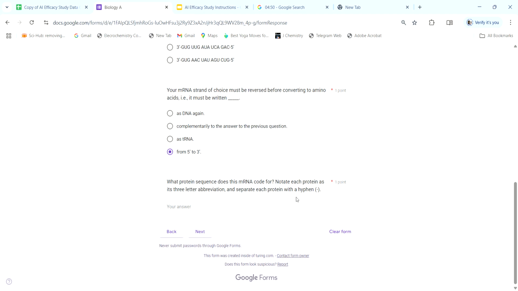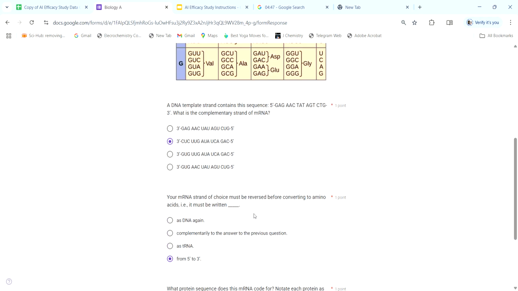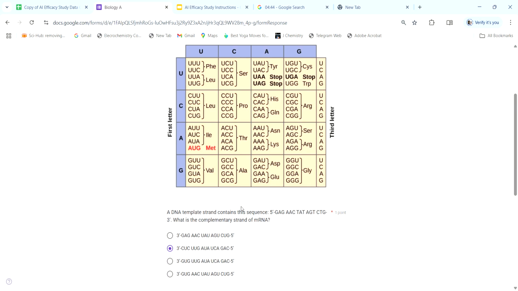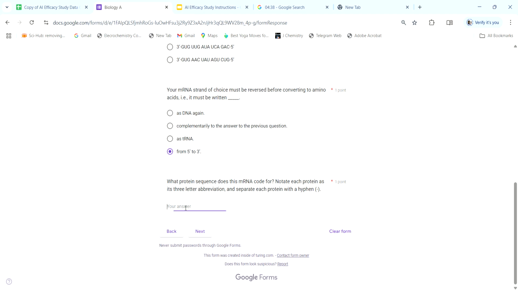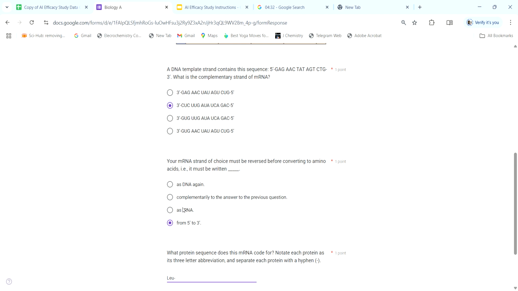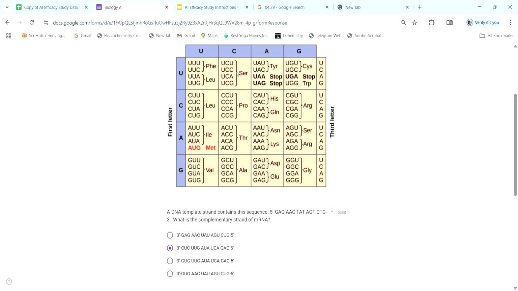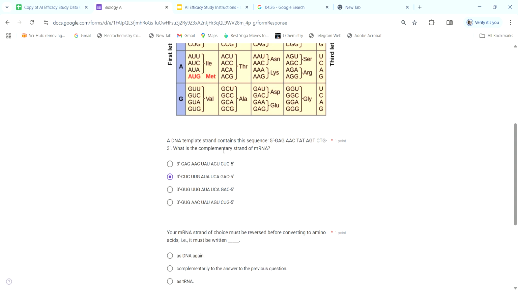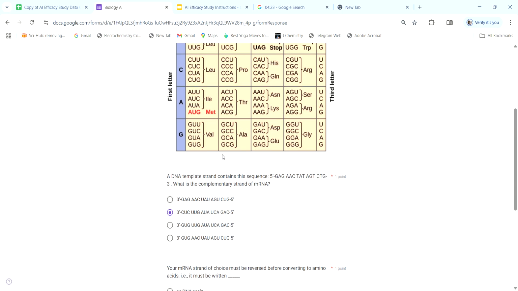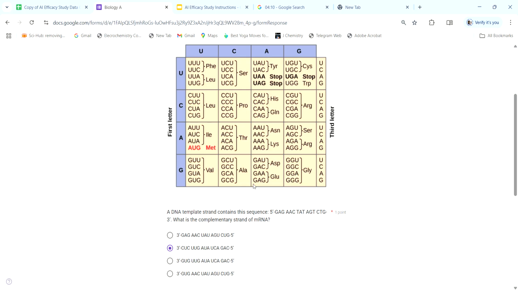Okay, so the first part is CUC. CUC will be leucine. Then UUG, it remains leucine. Leucine.